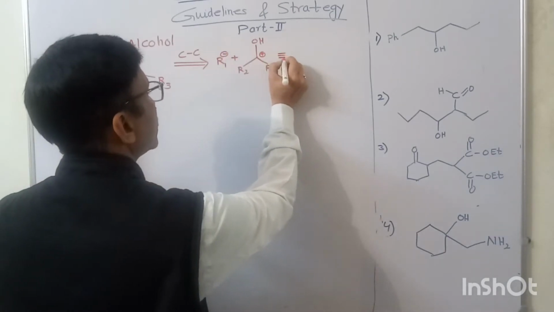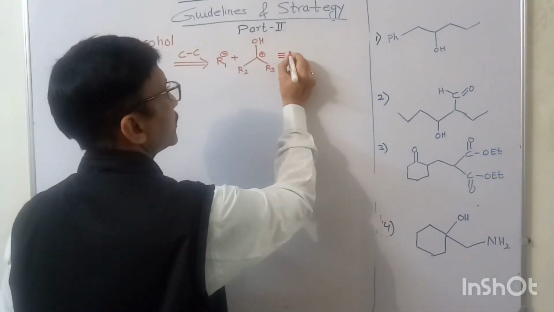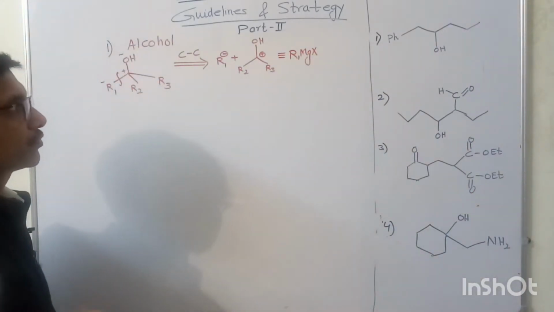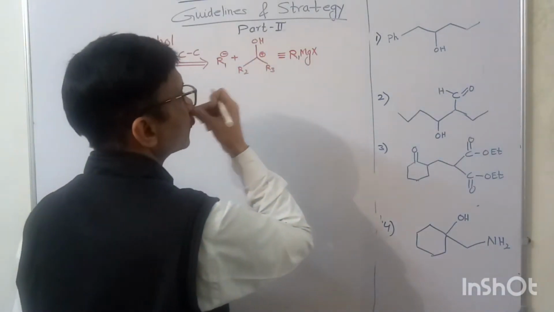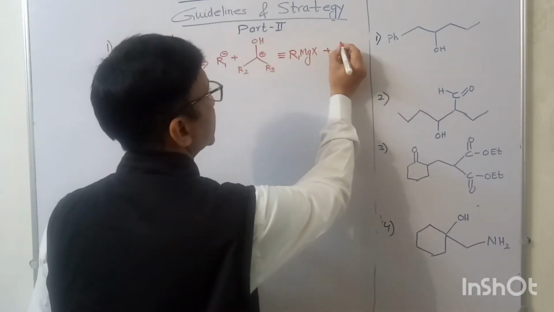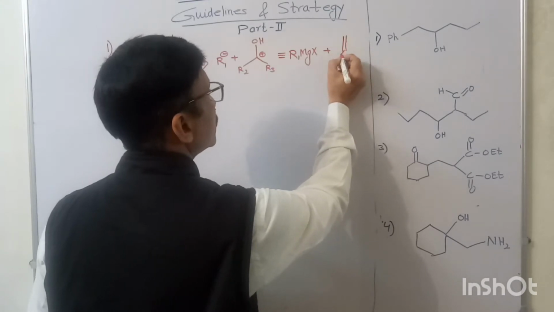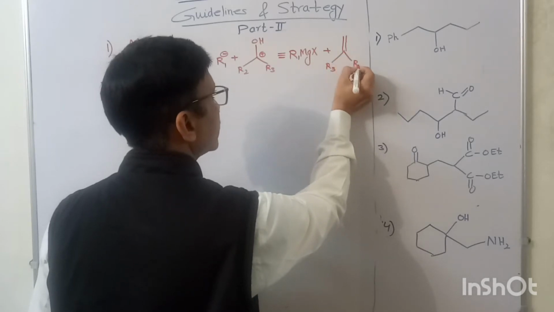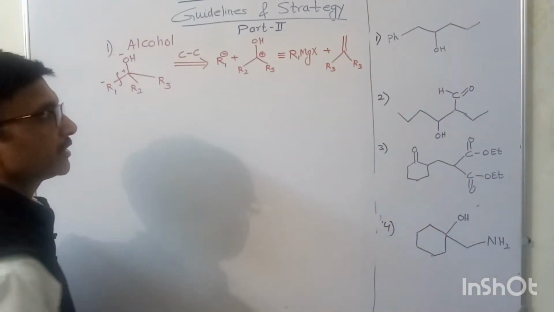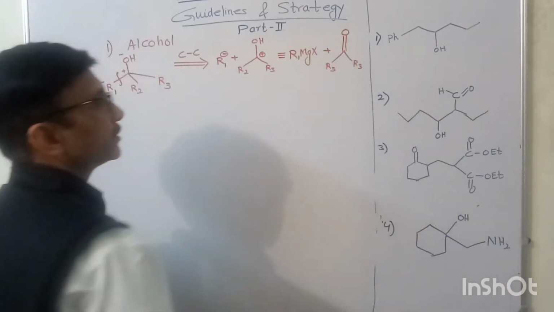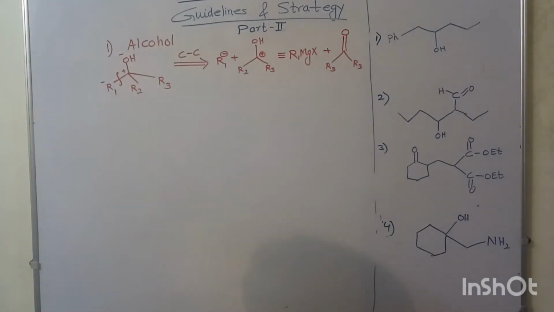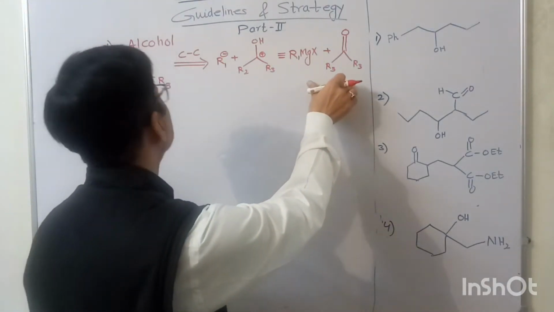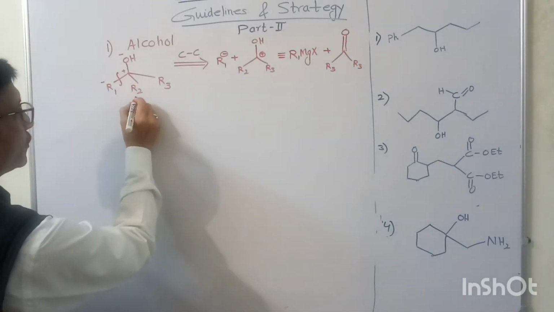So the synthetic equivalent that you can write, we can add an MgX over here, and for this, I have already told you in my previous lecture on synthon and synthetic equivalent, the synthetic equivalent will be this carbonyl, this keto group. Using these two reactant molecules you can get this target molecule.